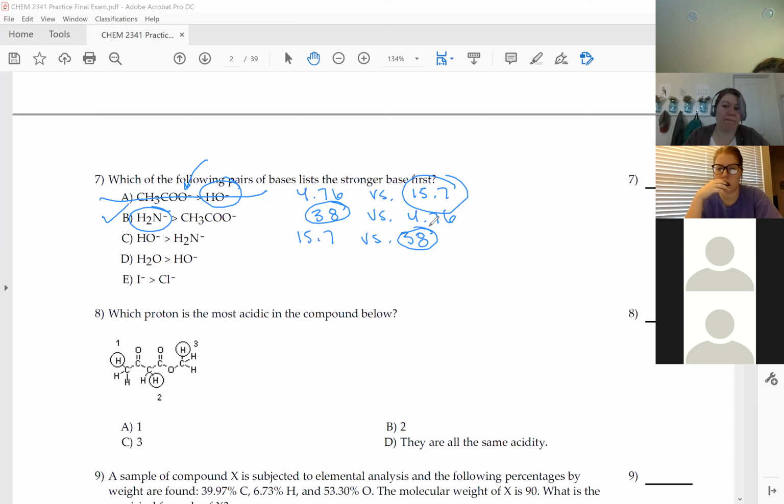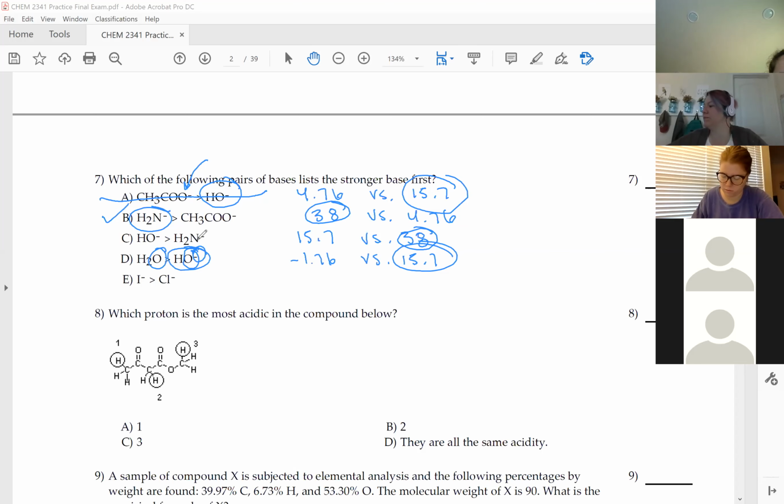Yes, and what's the pKa of hydronium? Negative 1.74 or 75. Yep. So that shows us that hydroxide is stronger, which I hope we know anyway, because oxygen is negative, right?